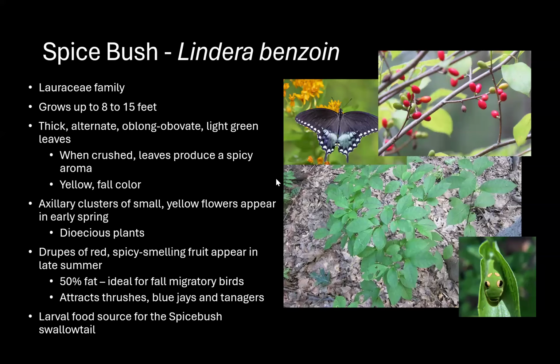He can be green and also get more of an orangey color too, depending on the life stage. Oh, I can see where you get that from. But yeah, this is the caterpillar of the spice bush swallowtail.